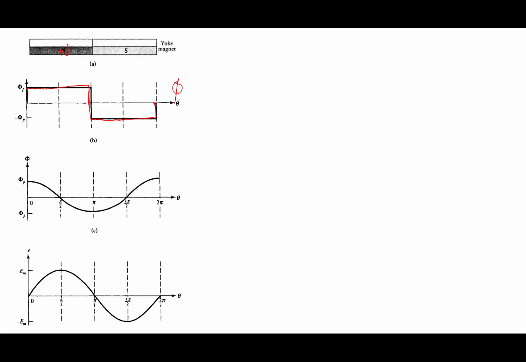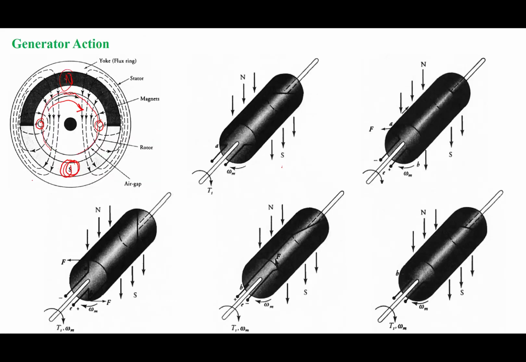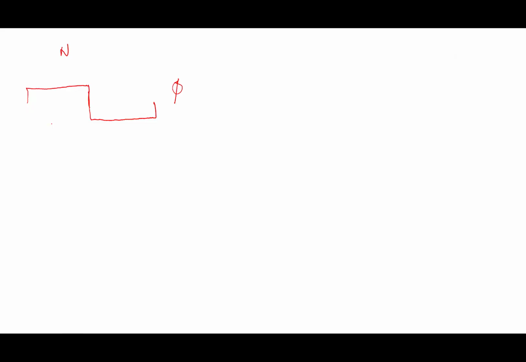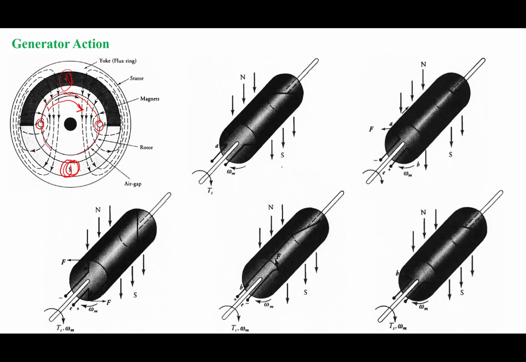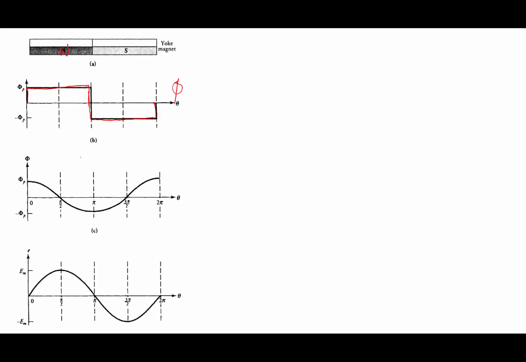When the rotor starts from what we have shown there in the figure, from this point, if the rotor starts, what will happen? At this point particularly, it will link maximum flux, right? So therefore, here the flux linkage will be maximum, right?